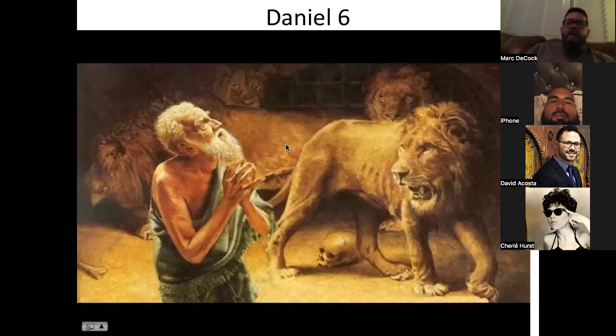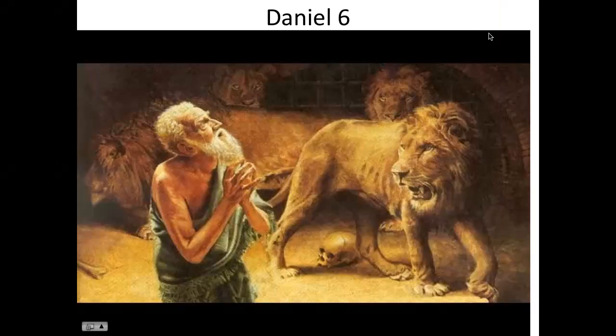Actually, we're in chapter 6, and for those of you who were here last week, this is the famous Daniel in the lion's den story, and a lot of us kind of know this story from Sunday school and other sermons.